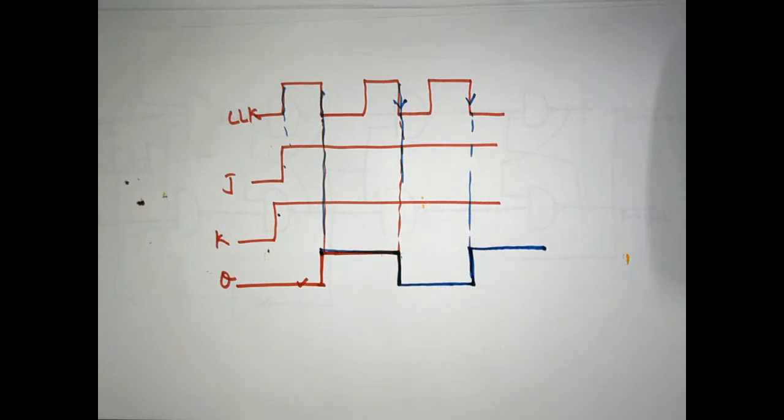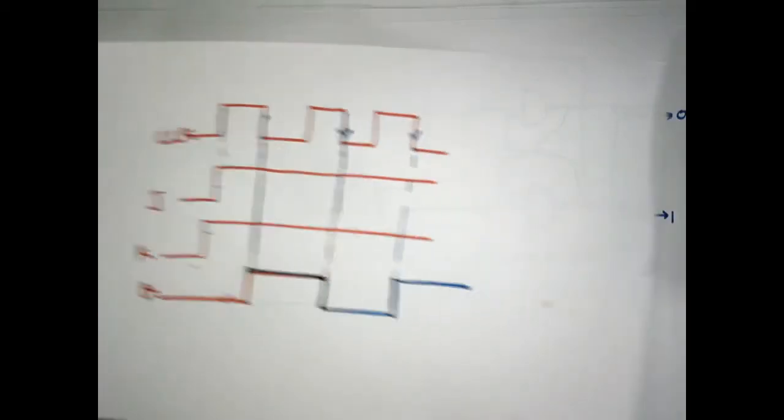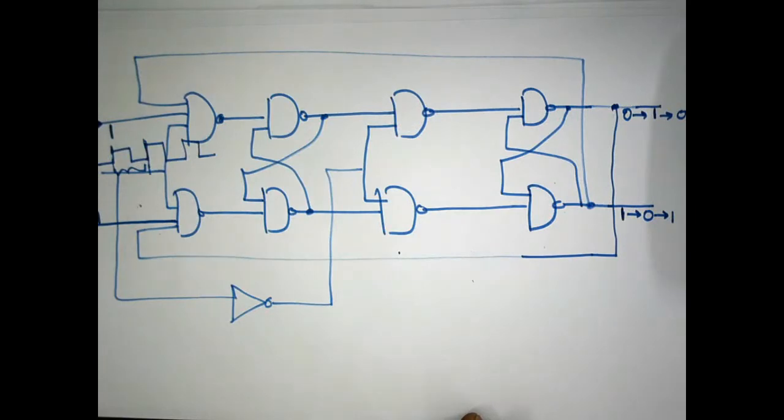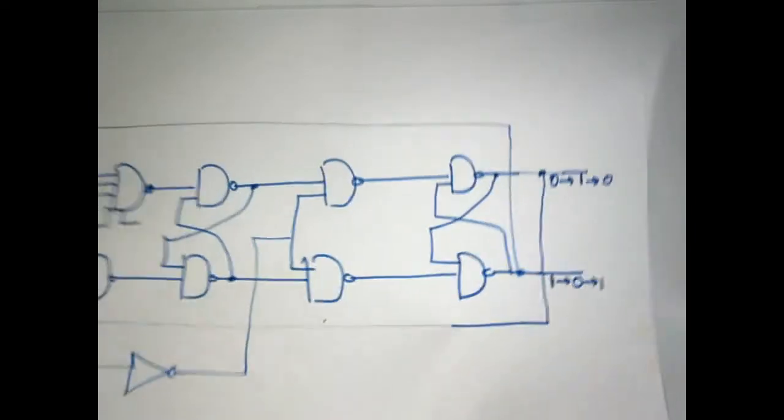So this way the master slave JK flip flop is fabricated on ICs, because it is very difficult to fabricate a capacitor on ICs, and to realize a differentiator circuit on an IC is impractical. So for IC fabrication we always prefer the master slave JK flip flop.